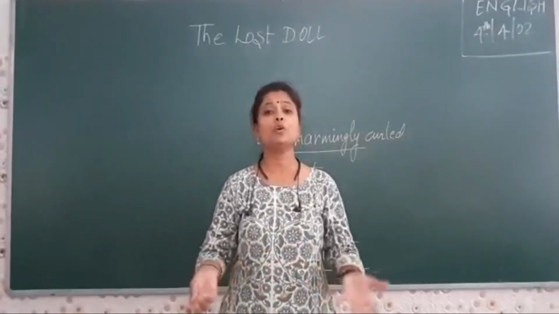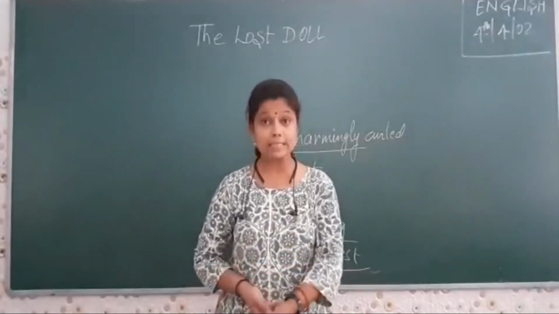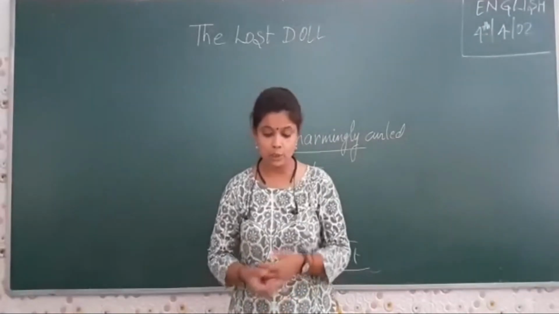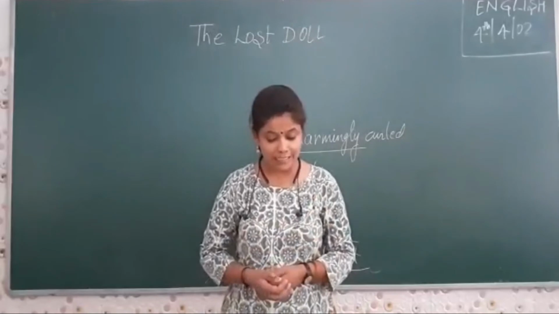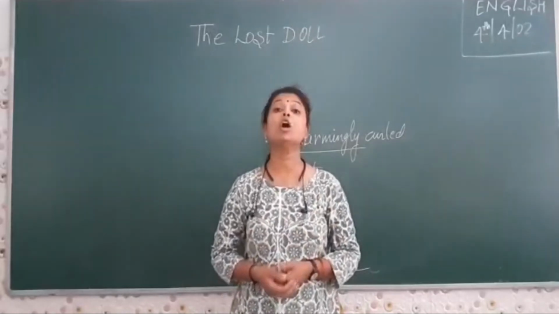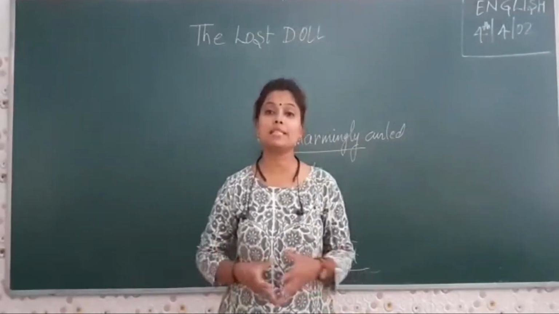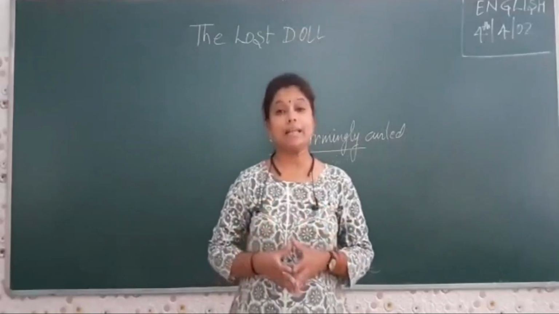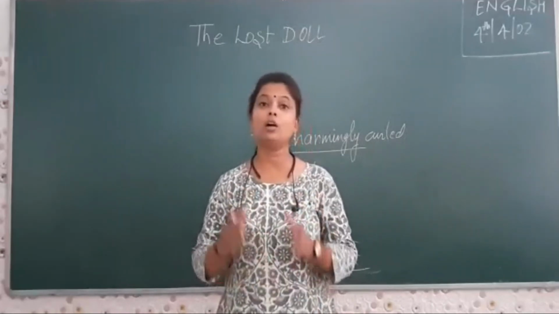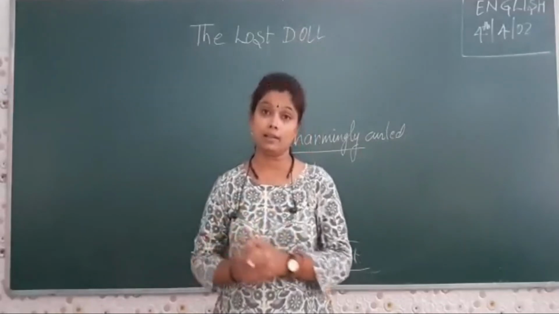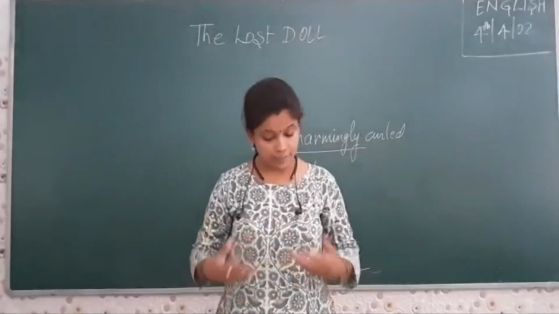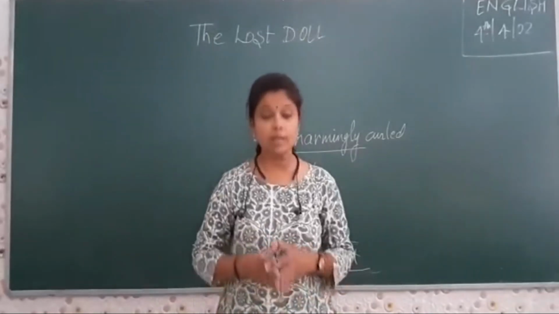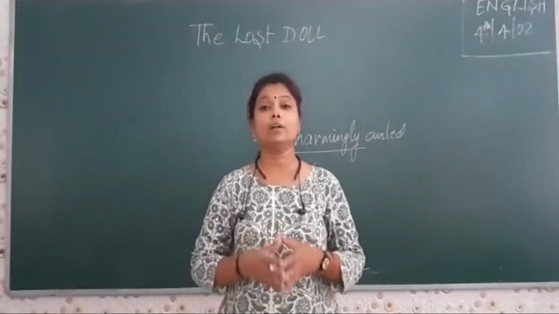Let's do a few questions orally. It is given, answer the following questions orally. Very first, whom did the doll belong to? Whose doll was that? So the answer is the doll belonged to the girl. Next, where was the girl playing with the doll?